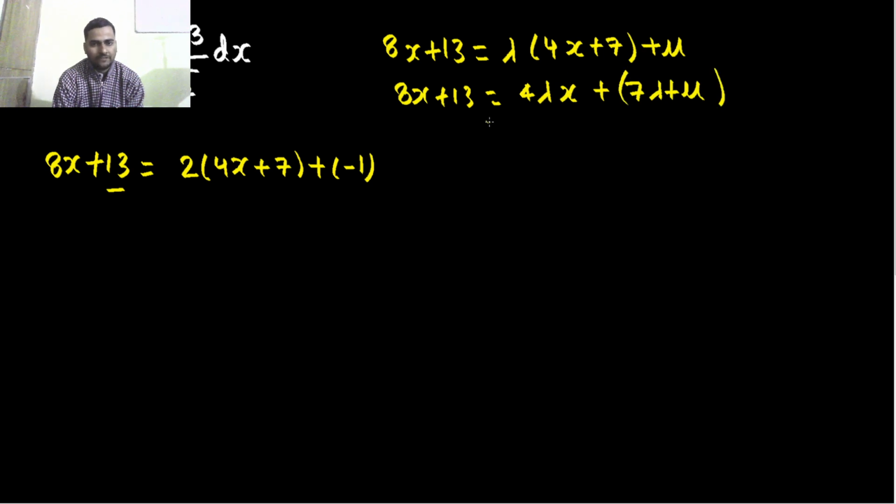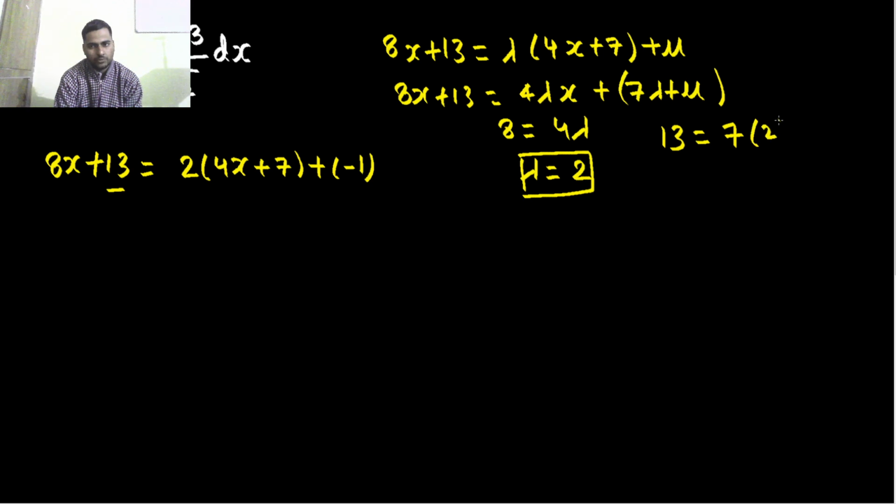Comparing the coefficient of x on both sides, you get 8 equals 4 lambda, or lambda equals 2. And comparing the constant term, you get 13 equals 7 lambda plus mu. Lambda is 2, so mu is 13 minus 14, which is minus 1. You are getting the same thing here also. Look at this, this is mu and this is your lambda.